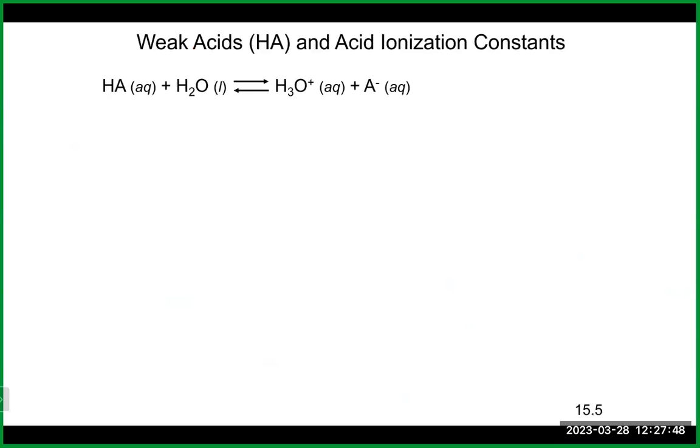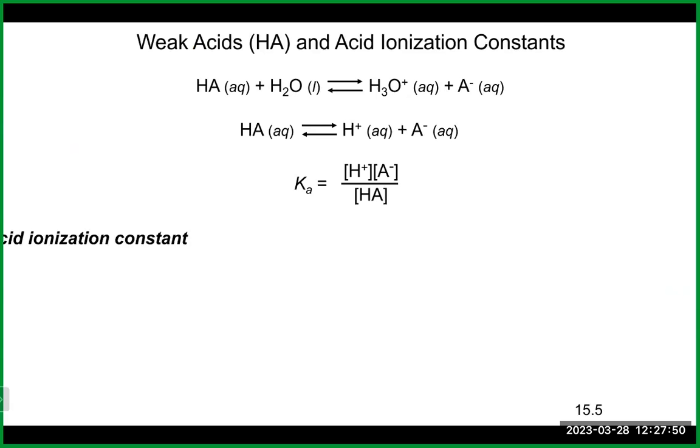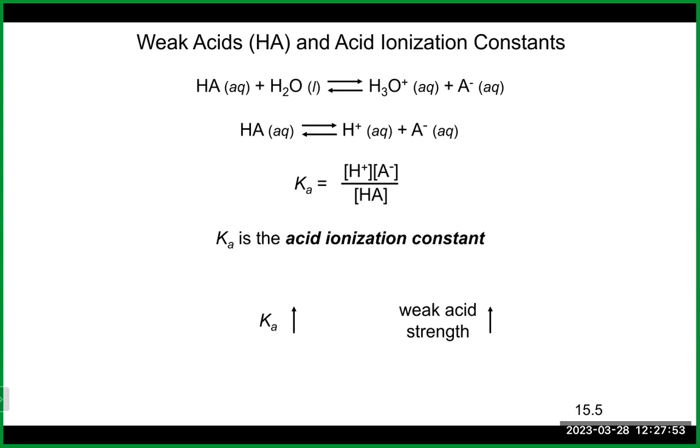Now, when we're dealing with a weak acid, it is a little different how we have to deal with calculating the pH. By the way, if you ever need a generic formula for an acid, HA is usually the generic formula for a monoprotic acid. If you needed a diprotic acid, which has the ability to give away 2 protons, you could use this as a generic formula.